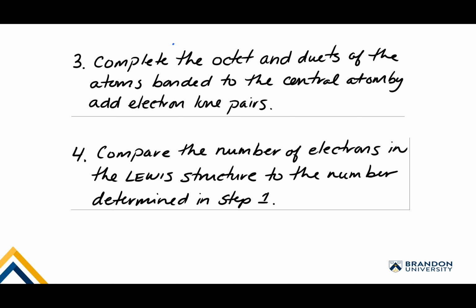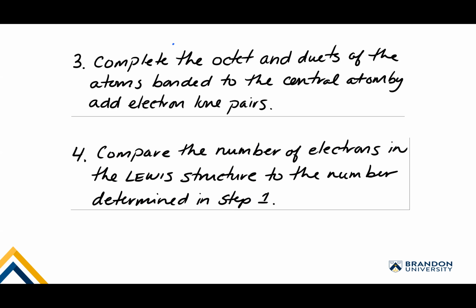Once you've done that, the fourth step is to compare the electrons in your structure to the electrons you started with and see whether or not they match. In bookkeeping or accounting, if you're debiting one column, you have to credit another, and they have to be the same amount. It's a similar sort of thing here. So we have to determine, do we have the right number of electrons?